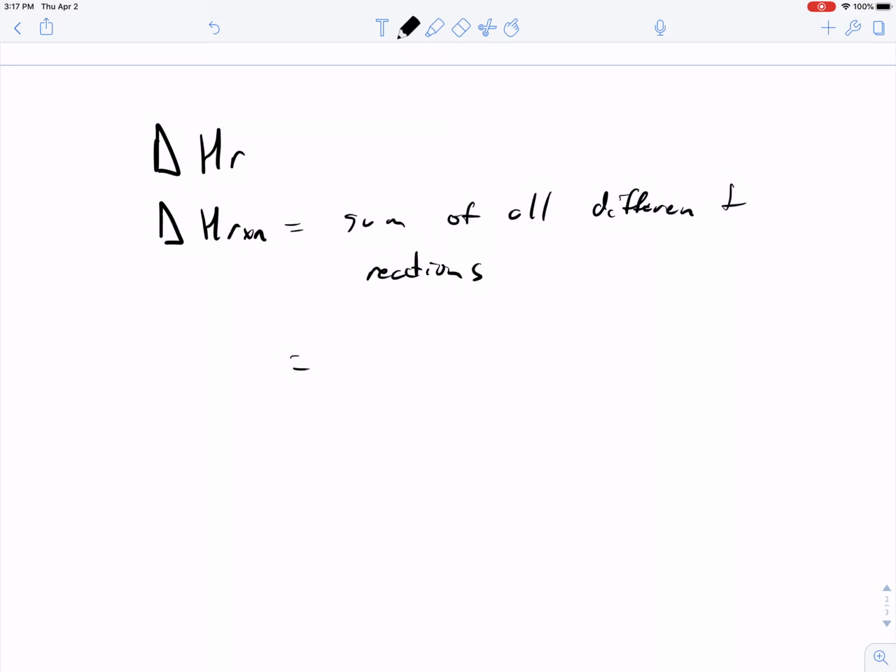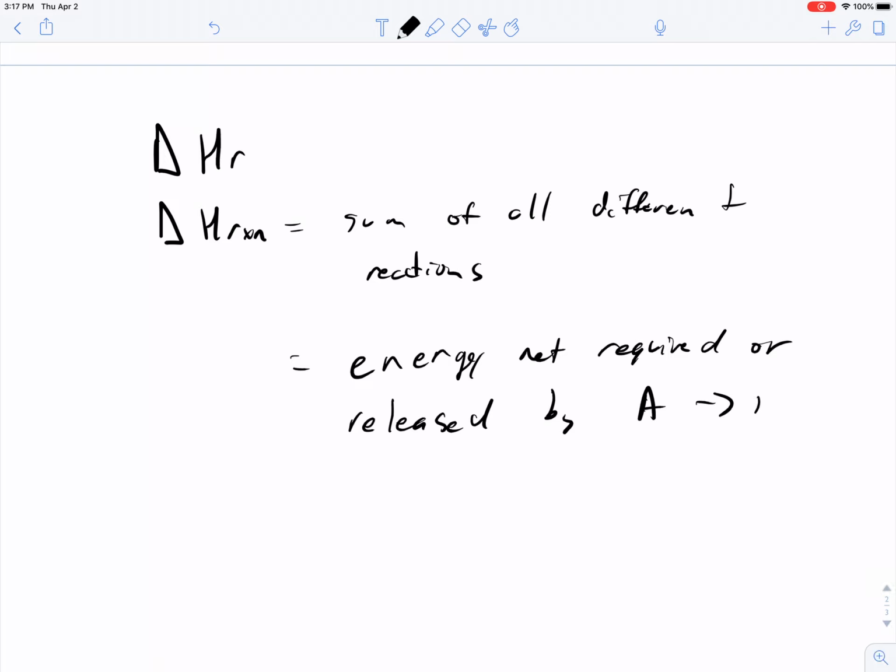There's a number of ways of thinking about this, but this is the energy net required or released by the conversion, in our instance, of A to B.